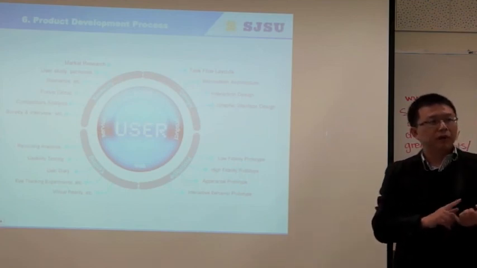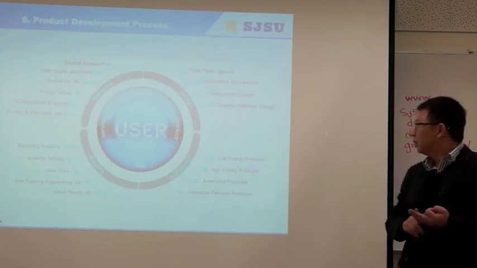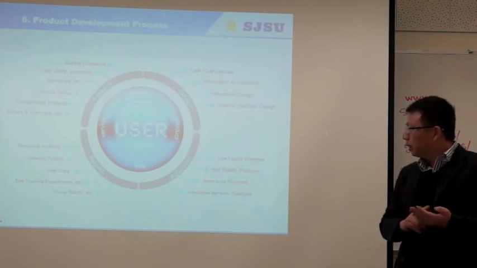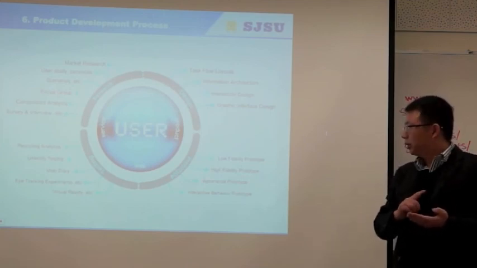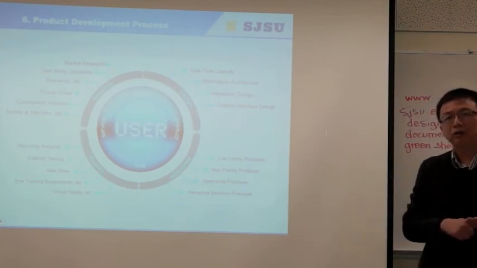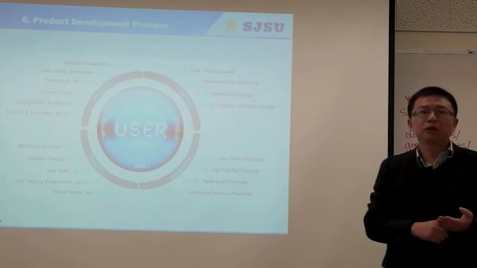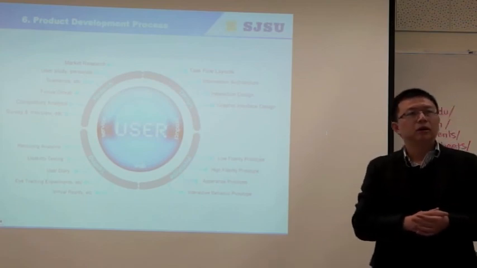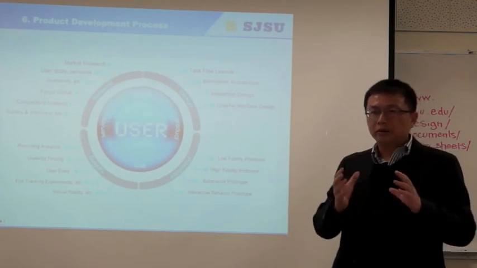Then we go for wireframes, layouts, and build the low fidelity prototype. Then we do the UI, user interface graphics. Then we will build a high fidelity prototype. Then we will do testing during the process review. That's what the class will be about. Then at the end, it will come out with a good product.